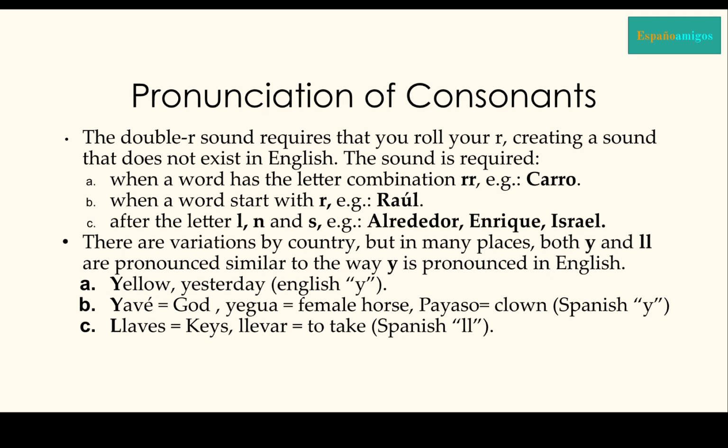But if you want to pronounce correctly the Y or double L, this one and this one, always try to pronounce it like a consonant. When you say university, for example, the Y sound.